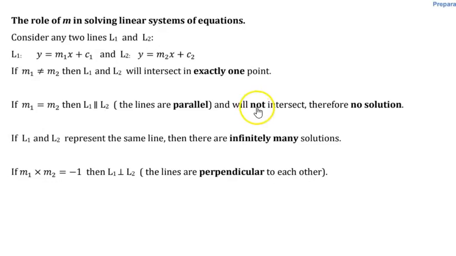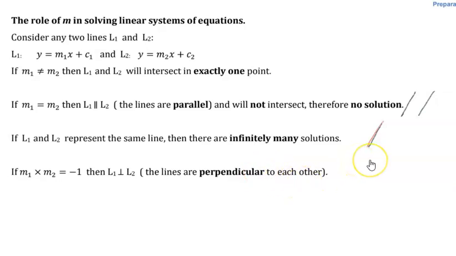It can happen that they are not intersecting, so there is no solution, but it can also happen that one line lies on top of the other line. In that case, we have infinitely many solutions. Here we will have lines like this: a blue graph and a red graph on top of each other.